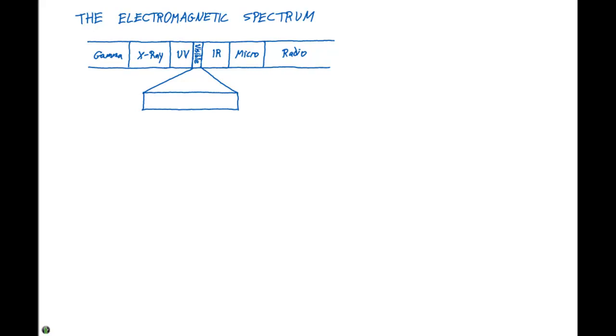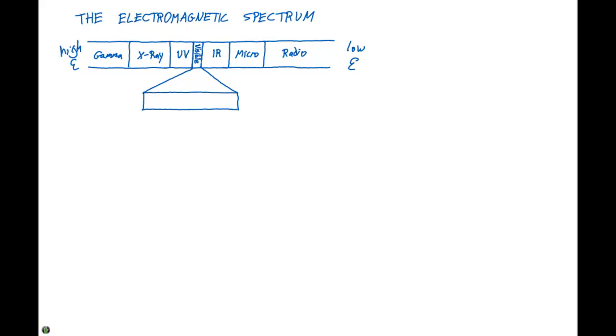What that's going to do is order all the different types of radiation in terms of energy. I have this spectrum listed here, and over on the left is our high energy form of radiation, whereas over here on the right we have low energy.